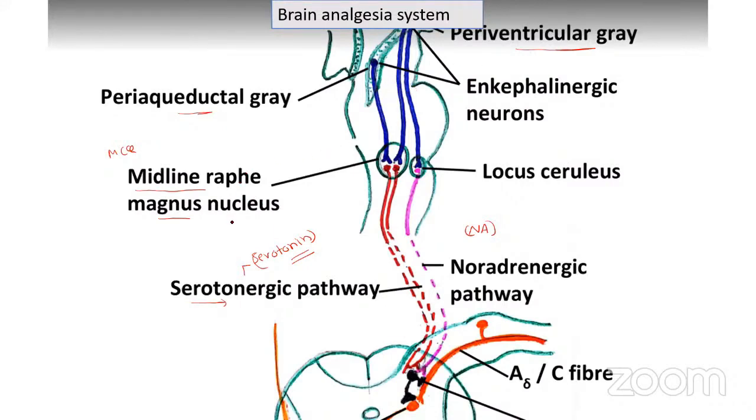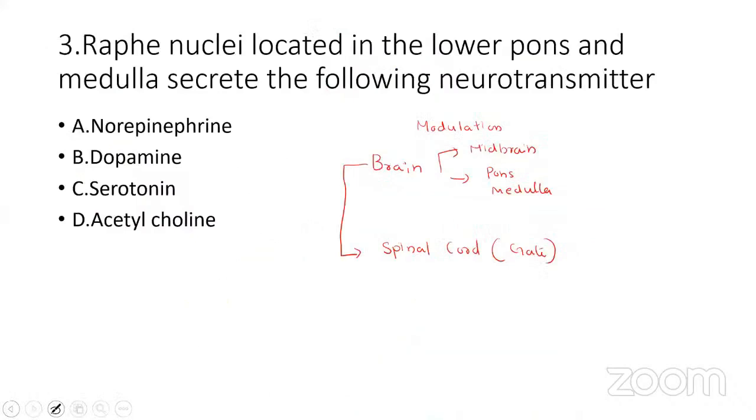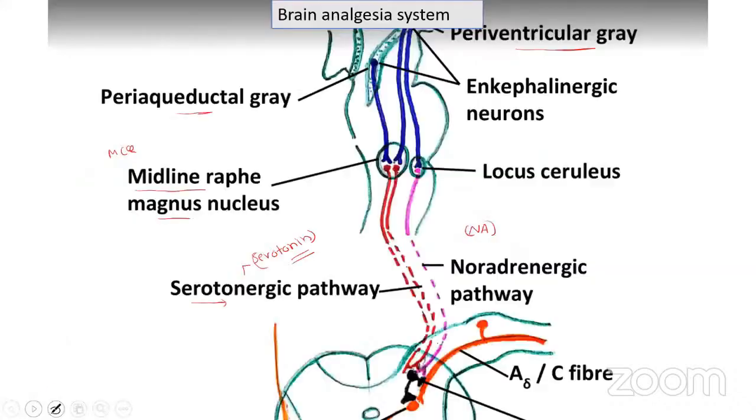So the midline raphe secretes serotonin, locus coeruleus secretes noradrenaline, which can inhibit these A delta fibers. So here the answer to our question is raphe nucleus located in the lower pons and medulla secretes serotonin. Serotonergic neurons are coming from this nucleus.